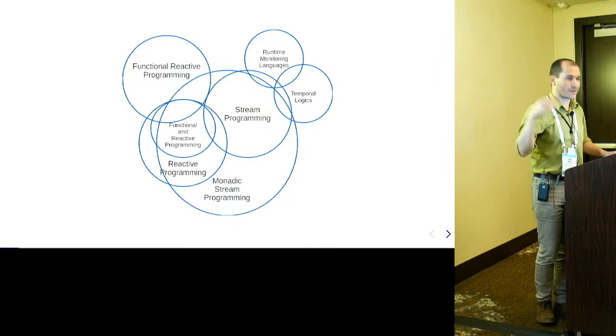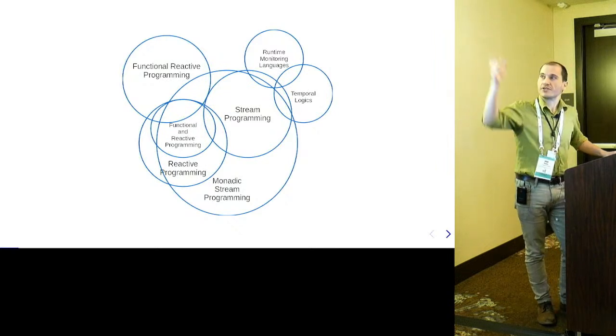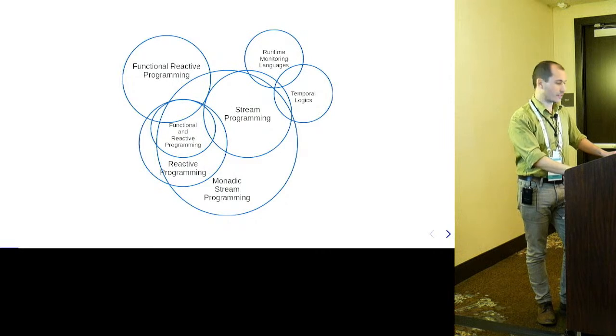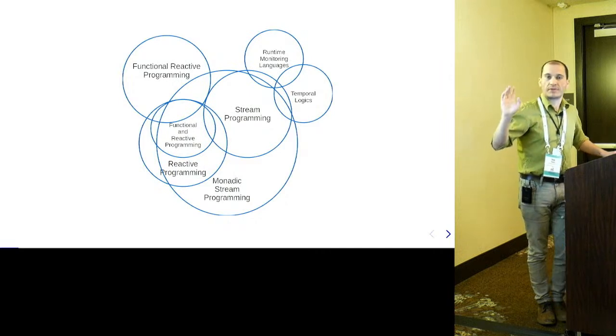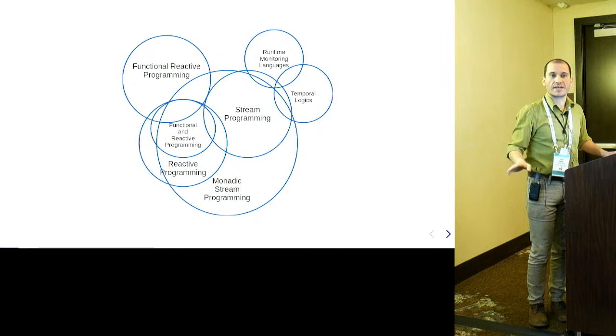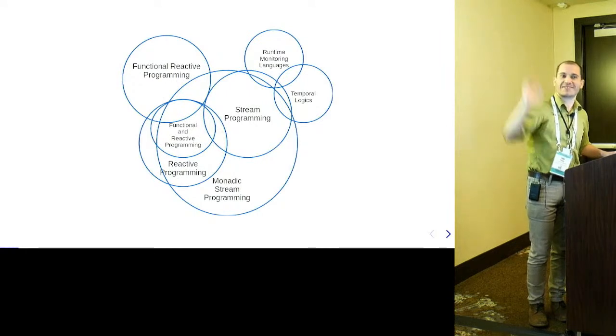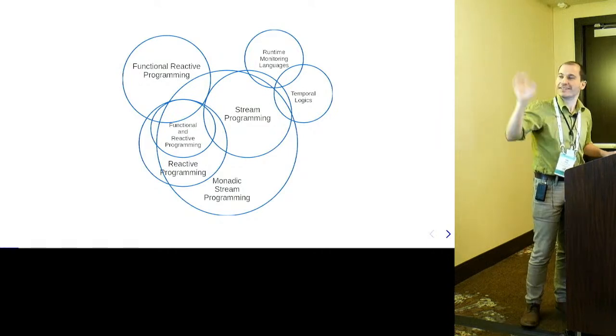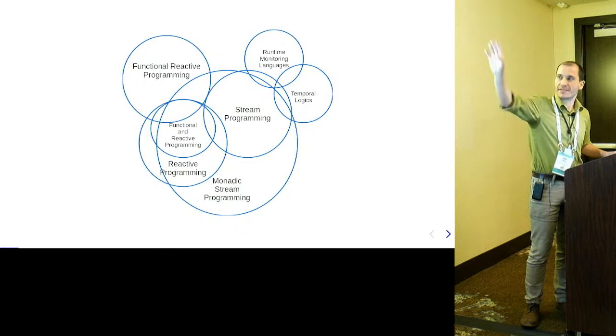And this is kind of the landscape of all of these reactive flavors. There's a lot of concepts that are related. There's functional reactive programming as explained by Conal Elliott and Paul Hudak. But then people create implementations that are functional and reactive, and they call them functional reactive, but they're not the same functional reactive that Conal Elliott and Paul Hudak created. And then there's also reactive programming that touches on these things.